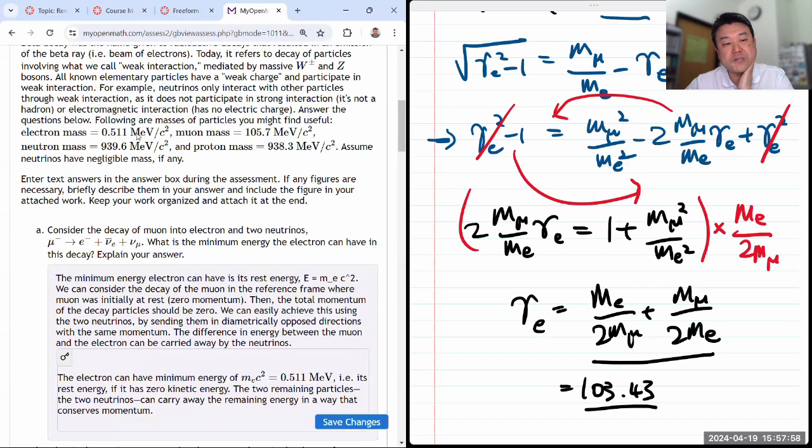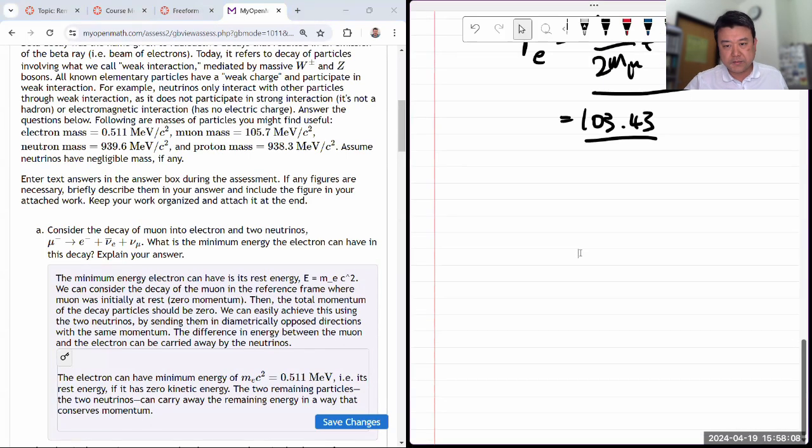If electron is massless, or how do I put it? So I guess this is where my intuition comes from.